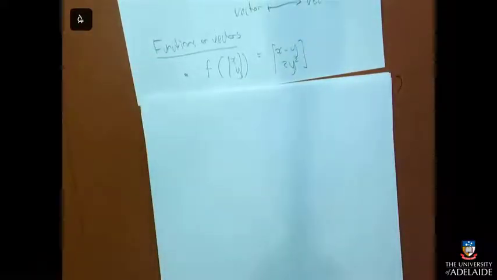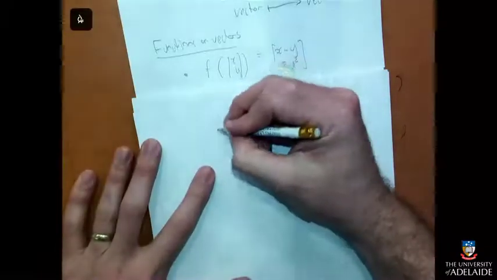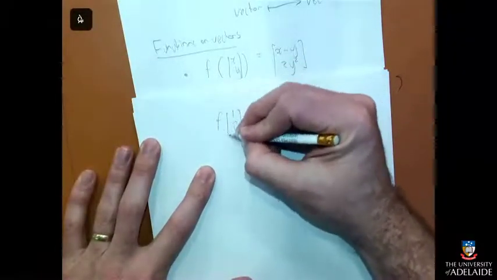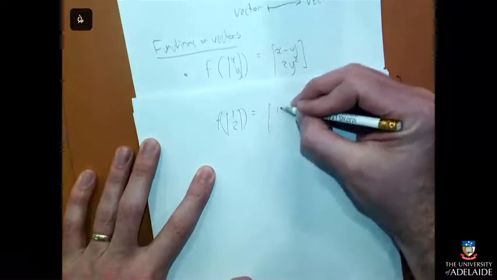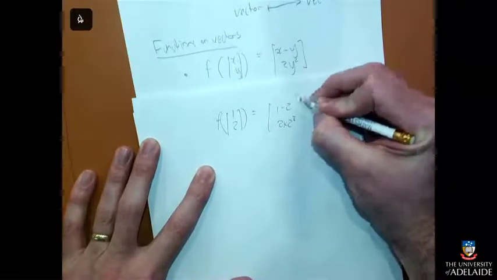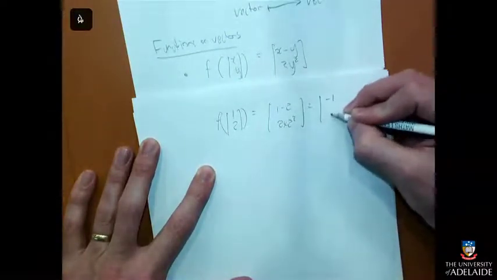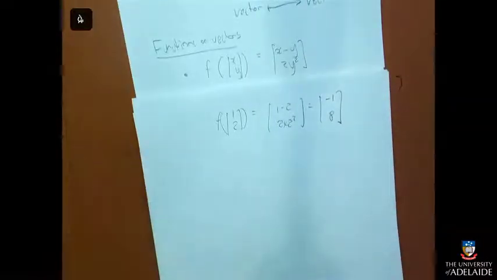I could do some new formula that takes the coordinates and produces a new set of coordinates, and that would be my thing. So with this one, f(1, 2) is (1 minus 2, 2 times 2 squared), and that's the answer, (-1, 8). So random things that I could do like that.